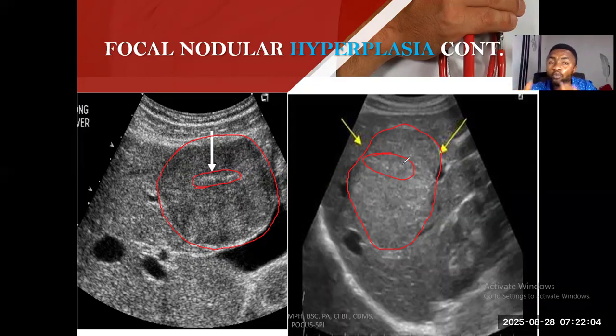The common one will be focal nodular hyperplasia. They look alike. Then your differential will be the hepatic adenoma, because that is not common. Once you see the stellate scar, it's pathognomonic. When we say pathognomonic, it means it confirms the mass is FNH.